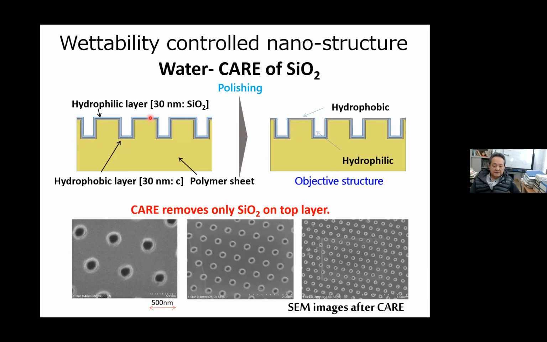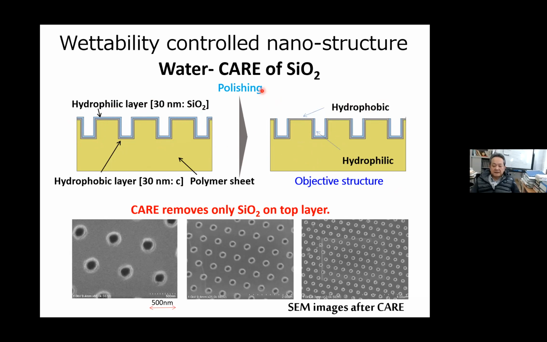And in the topmost area, the silicon dioxide layer should be removed. Then we can realize this kind of surface. To realize this, photolithography is one of the candidates, but it is a very high cost process. So only this area should be removed.